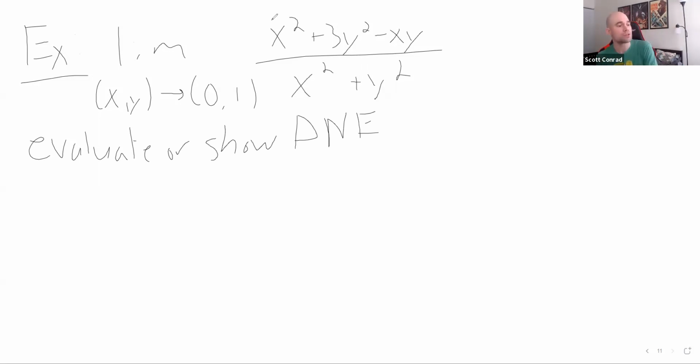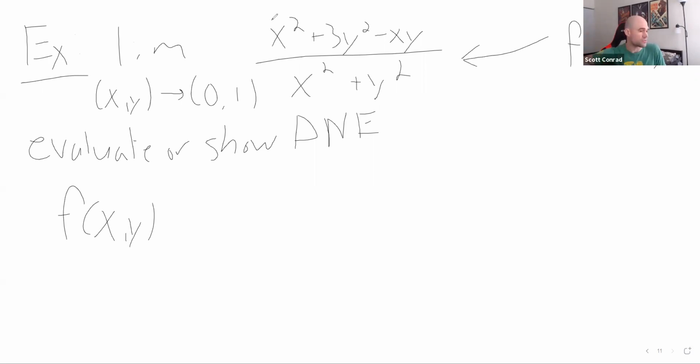Okay, so the first thing we're going to do is we're going to try to evaluate the limit. So the way we're typically going to do this is we're going to say, okay, is this continuous at 0, 1? So I'll call this my function f of xy, the guy we're taking the limit of. Okay, so what type of function is f of xy here?